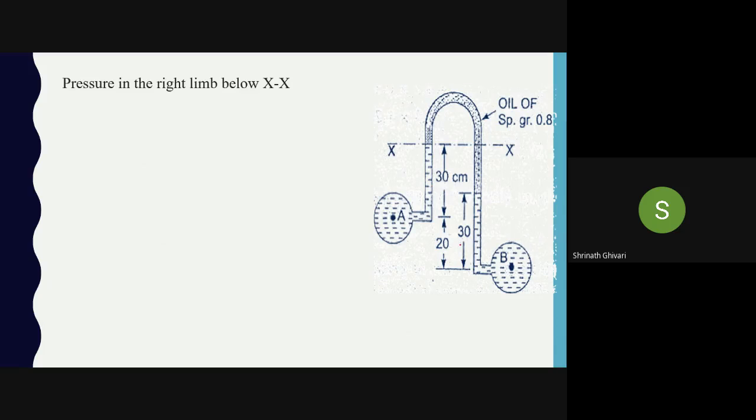Now find the pressure in the right limb. This is left, this is right. Find the pressure in the right limb. What is the pressure in the right limb?